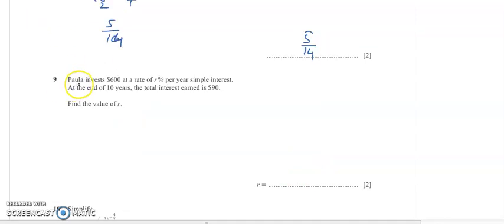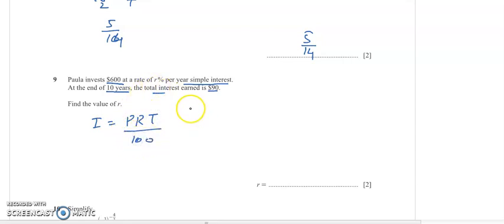Next question is, Paula invests $600 at a rate of R% per year simple interest. So she is investing with simple interest, and the total duration is 10 years. What she invested is the principal, 600, and the total interest she earned is $90. So in case of simple interest, the formula of the interest is I equal to PRT over 100.